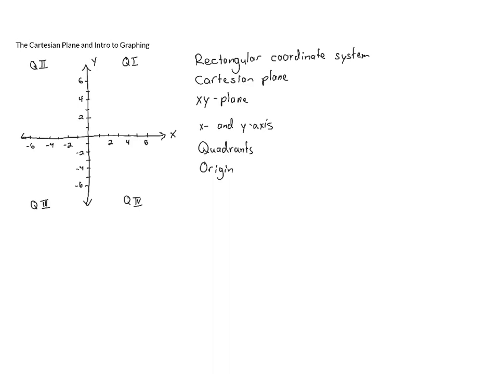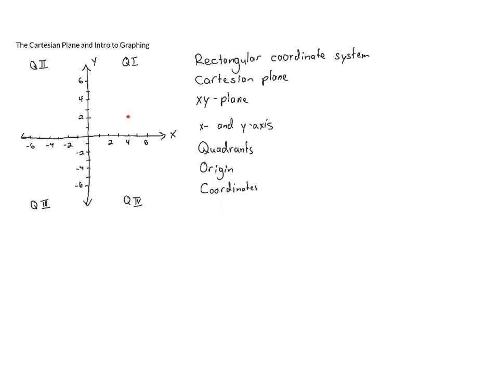All right. Now, anytime we have a point on the plane, for example, this point right here, we can refer to it by its coordinates. And I can write that down here. Each point has an x-coordinate and a y-coordinate. The x-coordinate tells us where it is along the x-axis, how far to the right or how far to the left it is.